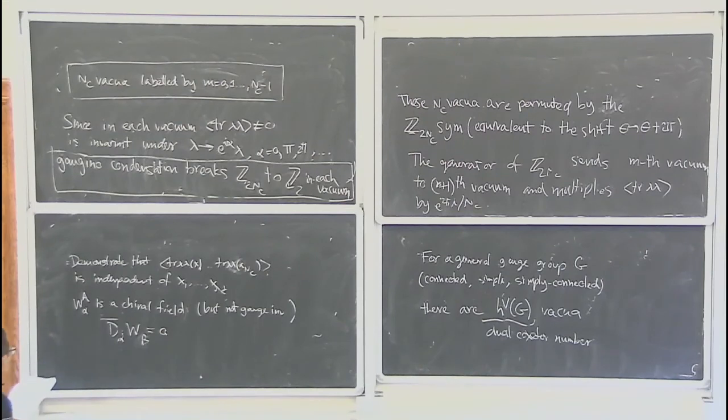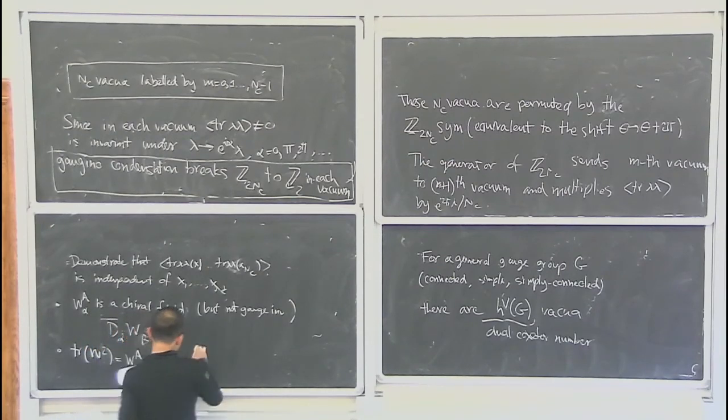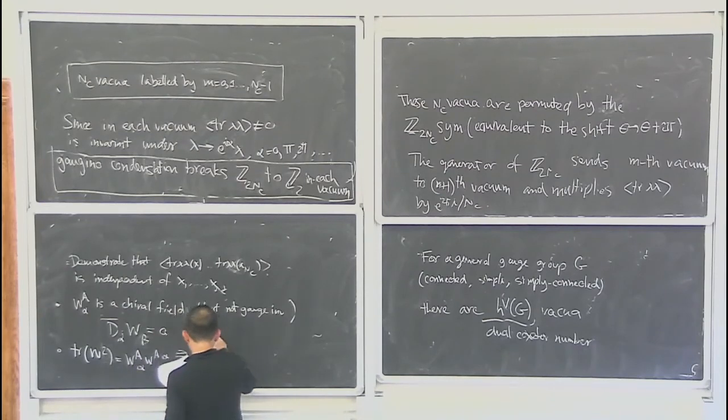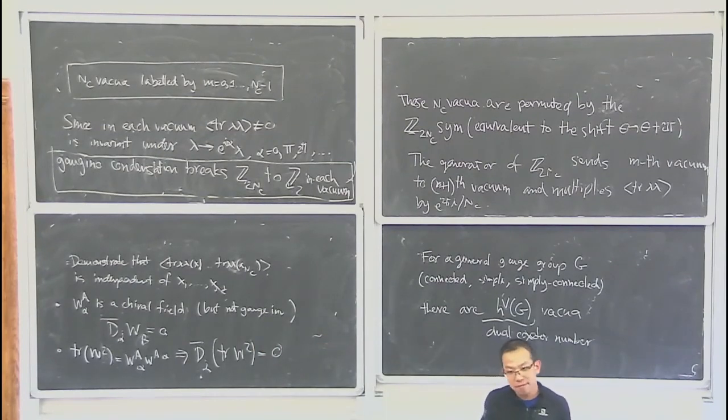So you define a quantity, trace W square, to be the usual guy. So you must have D bar alpha dot of trace W square equal to 0. It's also chiral. Okay?